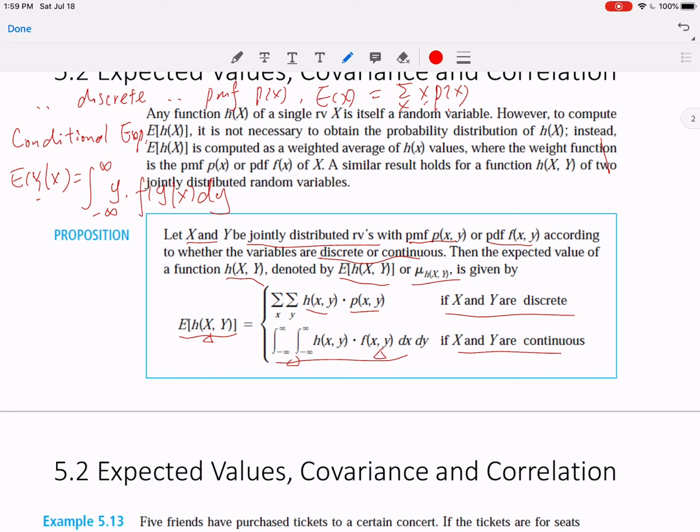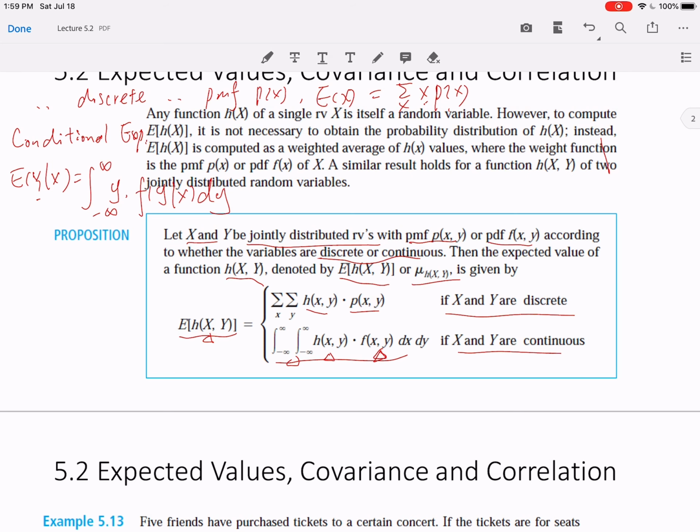It is very similar to the expectation we went over before. The main difference is that we're dealing with two random variables now, so we need to use this two-dimensional function and the joint PDF, and then do the double integration.